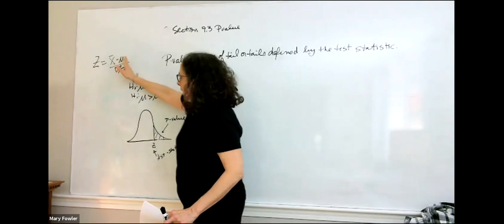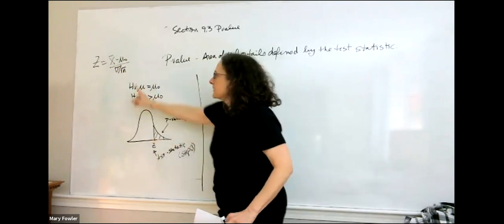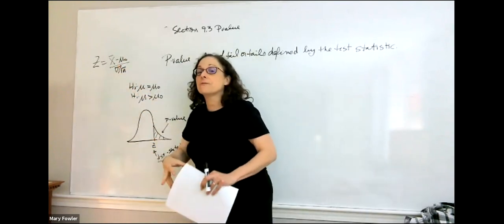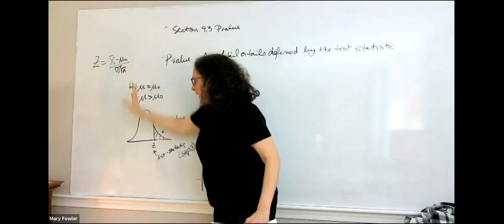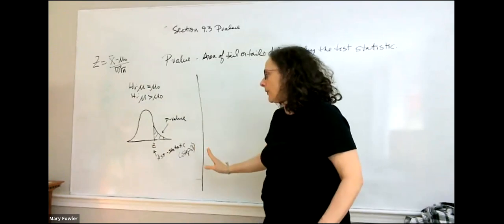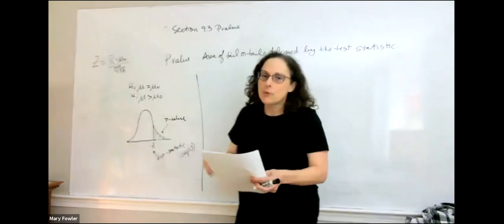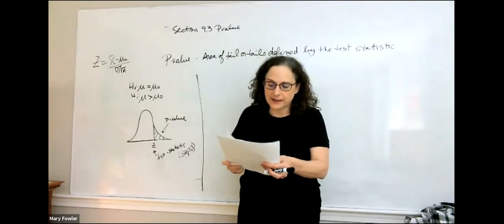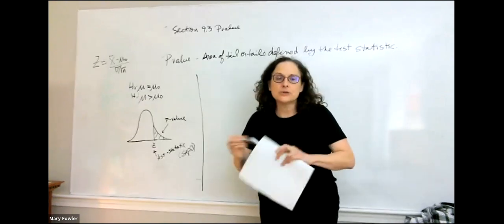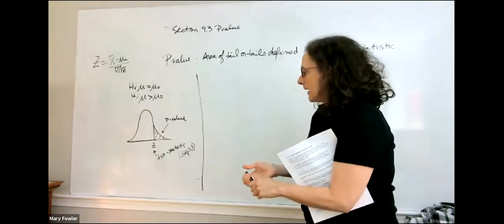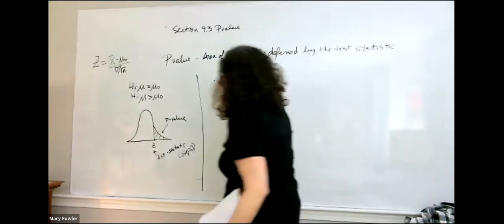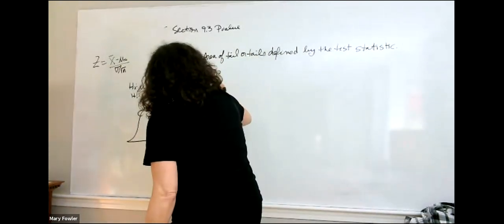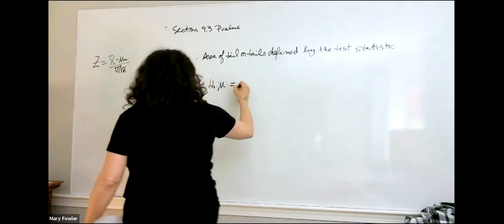It would be because X bar was even further away from mu naught. So the numerator gets bigger, and so we think about the area all the way to the right. Anyway, maybe more about that in class as well. I'm just going to continue here to show you how to calculate what the p-value looks like for each of our alternative hypotheses.